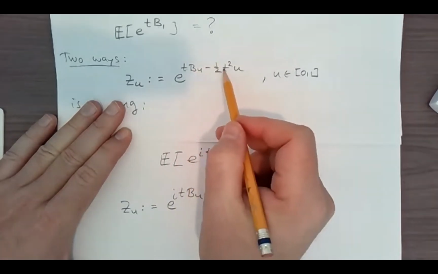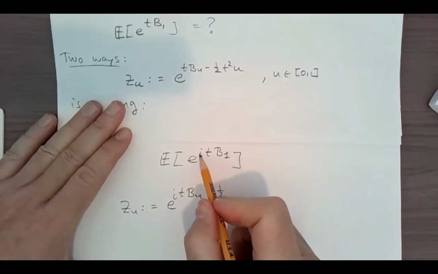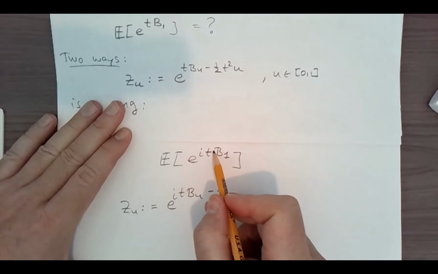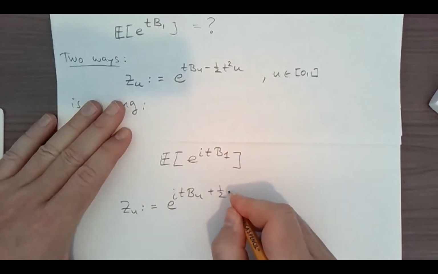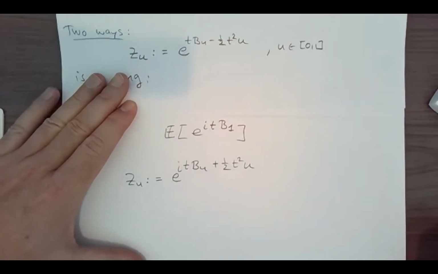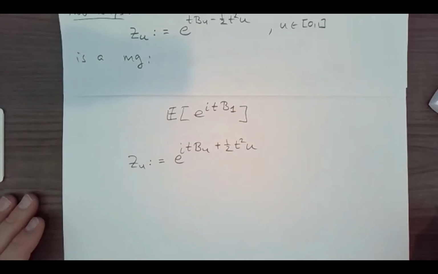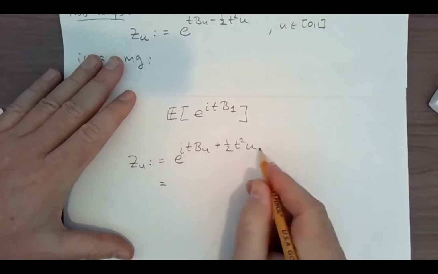And then what we have over here is a minus a half, and then it's (it) squared. (it) squared is going to give me a plus t squared times U. We'll factor out the common factor.